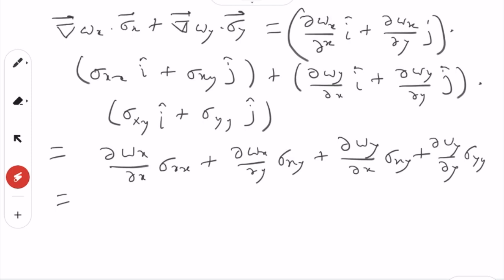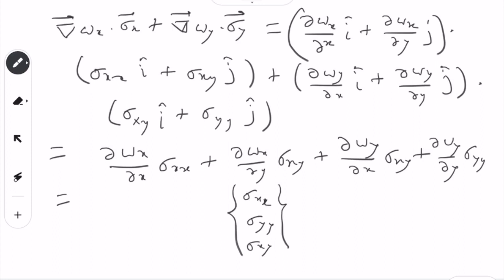We can write it as sigma xx, sigma yy, sigma xy terms. So let's write something like this. Okay, this is 3 by 1.